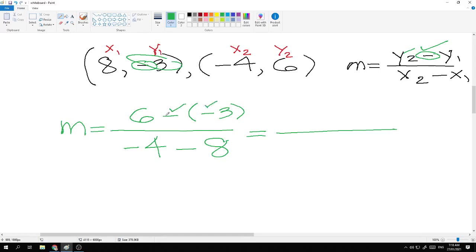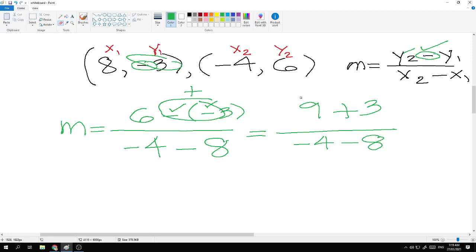If you multiply negative times negative, what will happen? Positive, sir. So this one becomes positive. So you have 6 plus 3 all over negative 4 minus 8. Sorry, that is 6, I added wrongly.